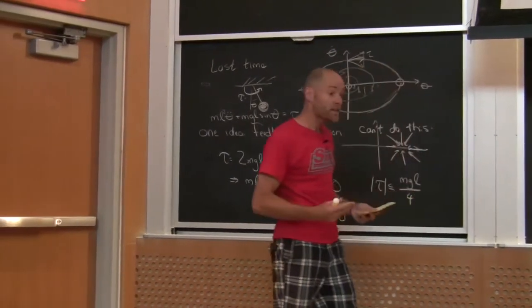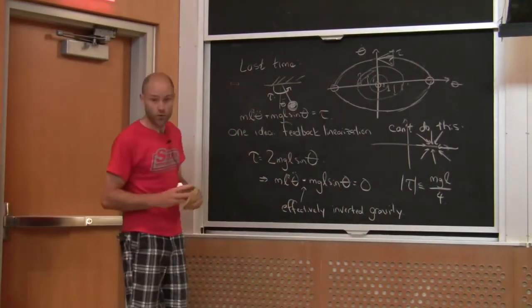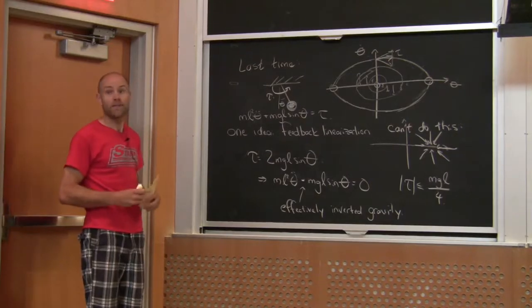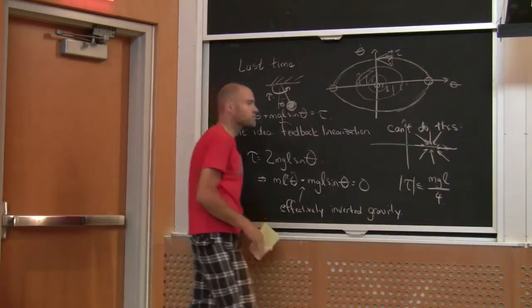All right. So the big idea of how we're going to do that is we're going to start formulating the control design problem as an optimization problem.